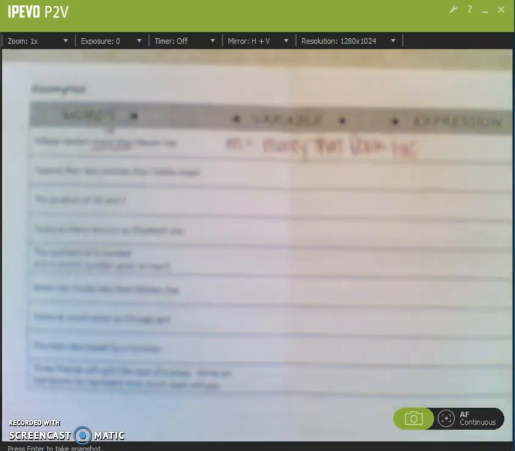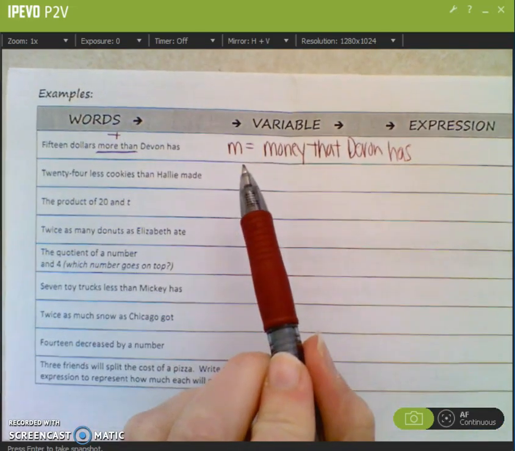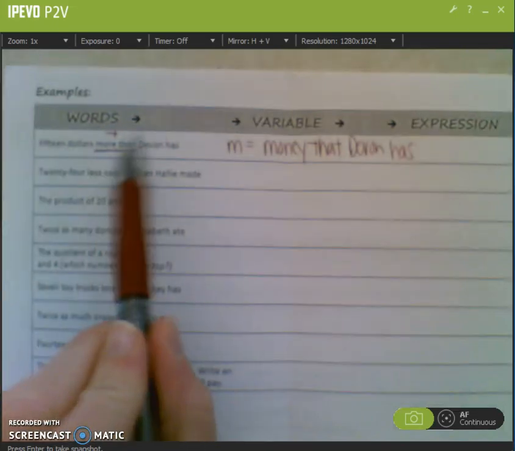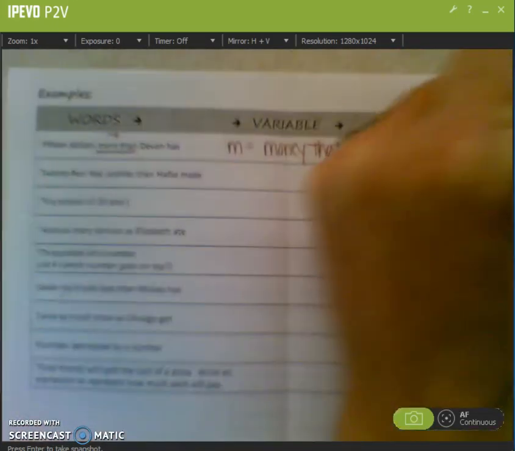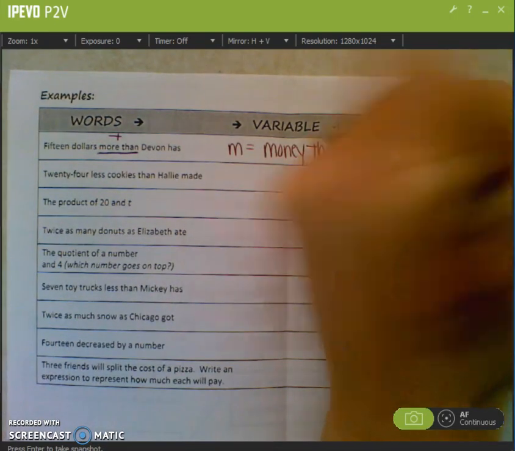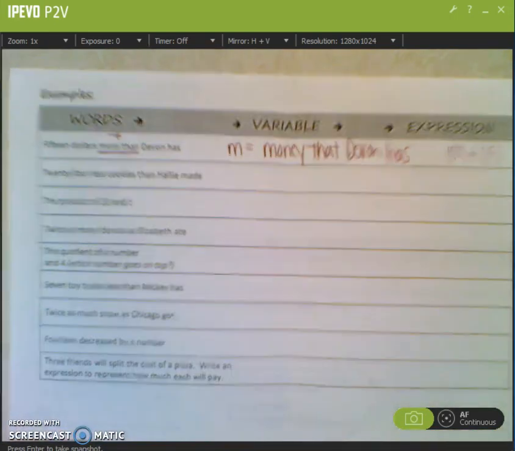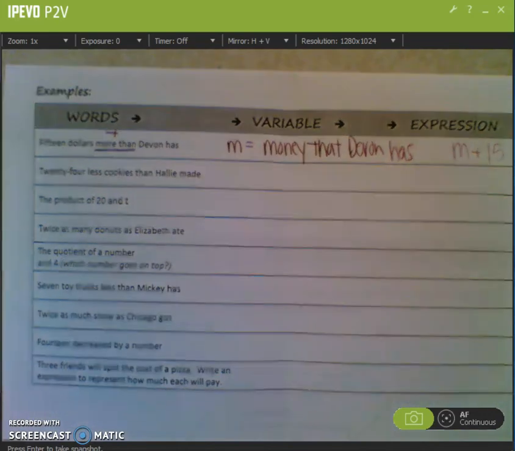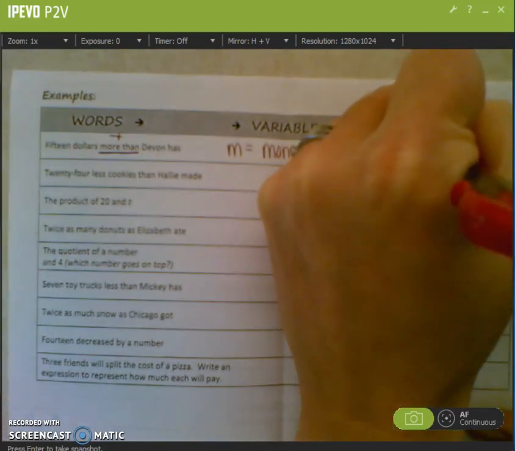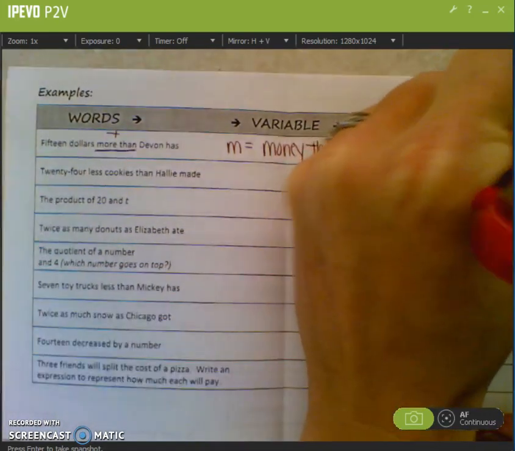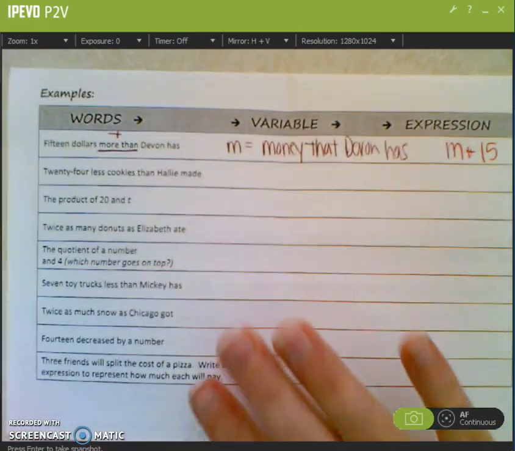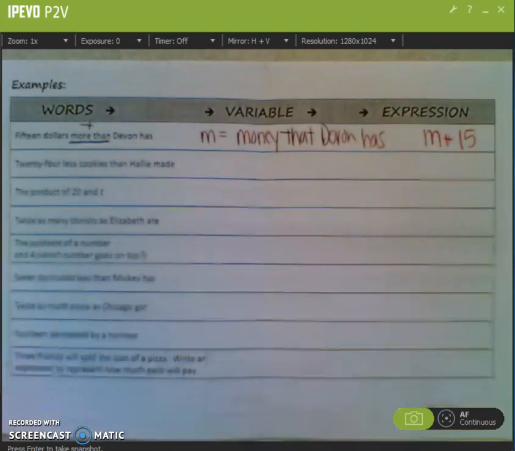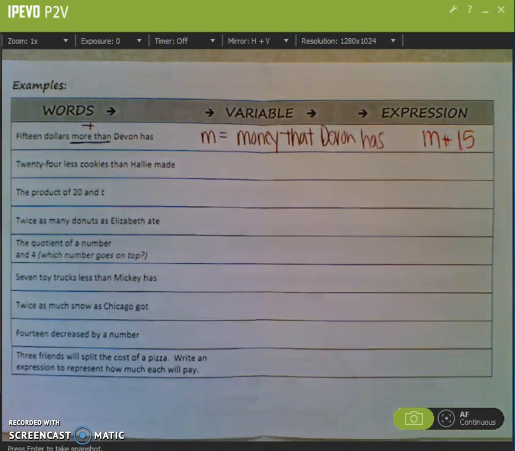So the money that Devin has, we can represent with an M. And if it's $15 more than what Devin has, we have Devin's money, M, plus 15. M is the money that Devin has, so our expression here is M plus 15.